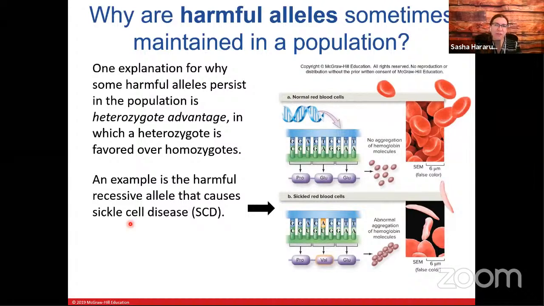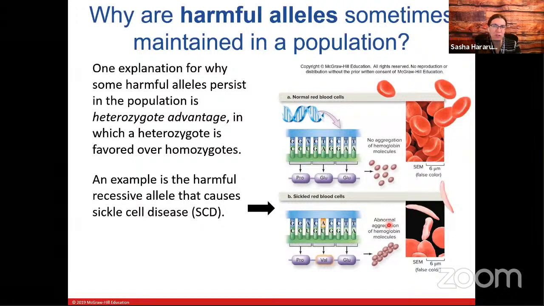Let's go back to the example of sickle cell disease, which is caused by a mutation within a gene that encodes the protein called hemoglobin. So again, hemoglobin is a protein in the red blood cell that carries the oxygen. And the misshapen hemoglobin molecules stick together, and the stickiness causes the abnormal shape of the red blood cell.